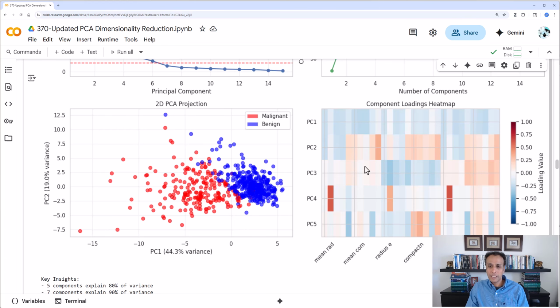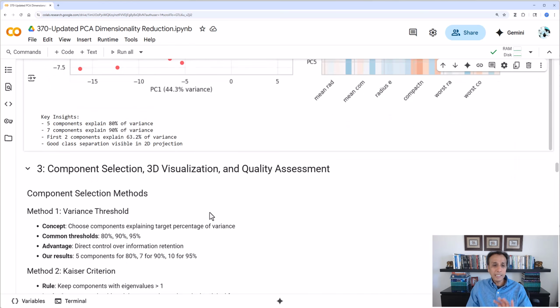So that's what the loadings map is. Again, this can be useful. One thing that tells me is for PC1, it's a negative relationship with all of these, right? PC2, you have some positive, some negative, and PC4 looks like strong positive here, strong positive here in terms of contribution. Okay, so I think that's good.